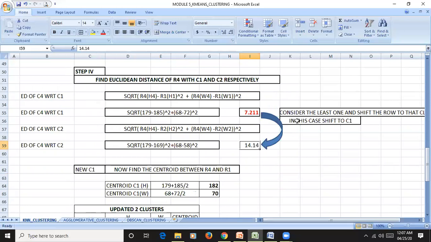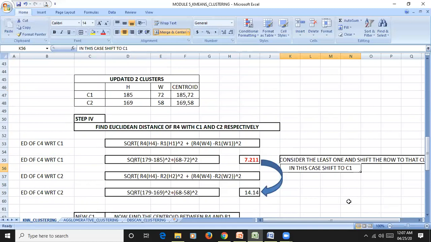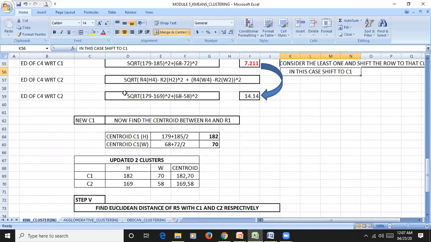In our case, that is C1. So R4 is a member of which cluster? It is a member of C1. R3 was a member of C2 as a cluster, whereas R4 is a member of C1 as a cluster. Now after this, what are you going to do?